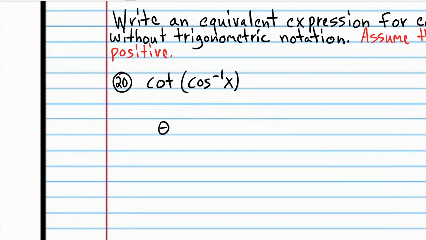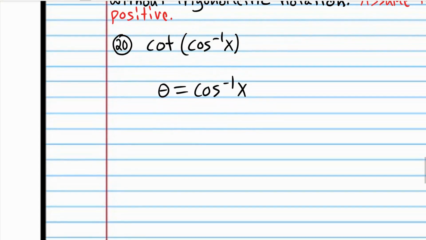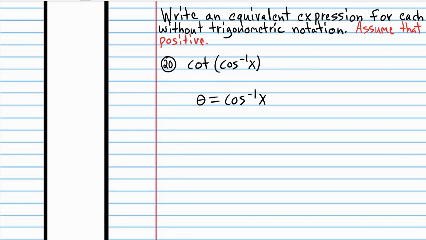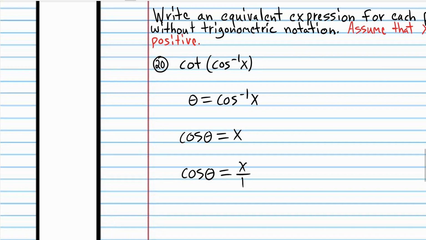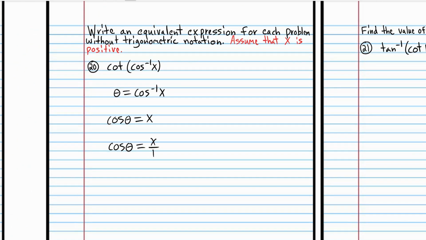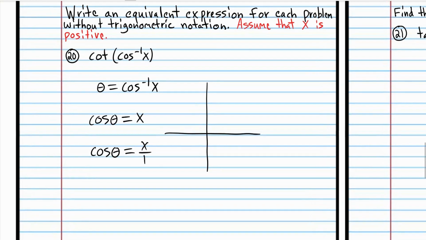Okay, we're back. So as in the other problems, we're going to start on the inside part of the composite function. And we're going to convert. And that's the same thing as saying that cosine theta is x over 1. So now we're going to draw a triangle, and again the triangle is going to be in the first quadrant.